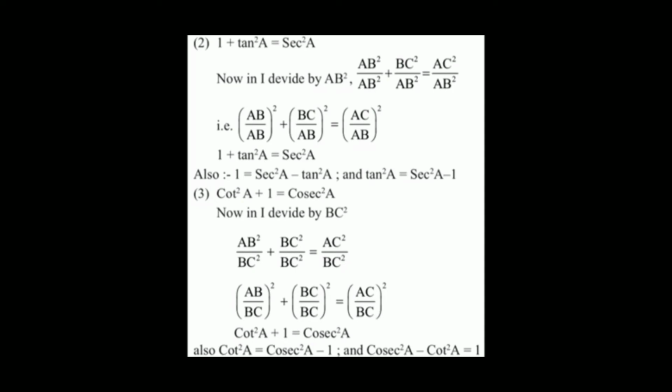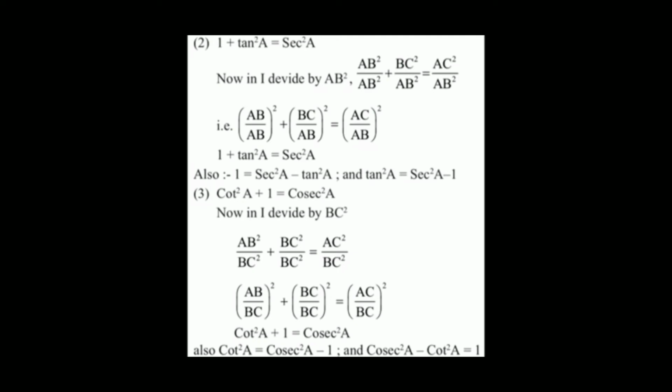First we shift tan square A to the right hand side and we get the formula 1 is equal to secant square A minus tan square A. And now again we shift 1 to the right hand side and we get tan square A is equal to secant square A minus 1. In this way we are having two trigonometric identities and their two subparts each.